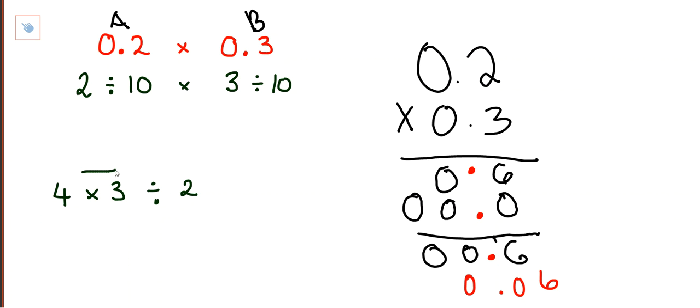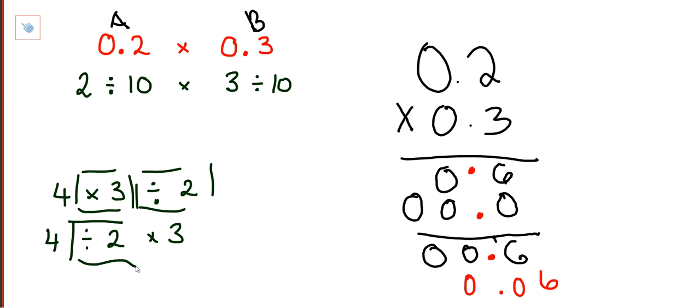What if I were to change that around and say 4 divided by 2, but then times by 3? It would still equal the same answer. So could the multiplication and division be done the other way around? Yes. Do you all agree that both of these are 6? Yes. I agree.